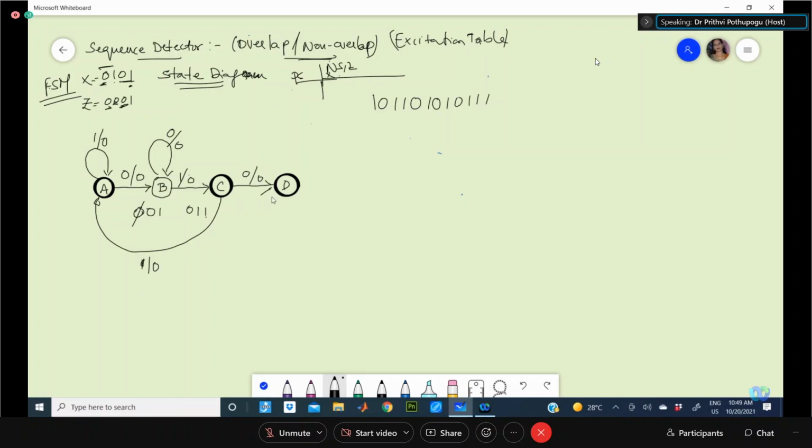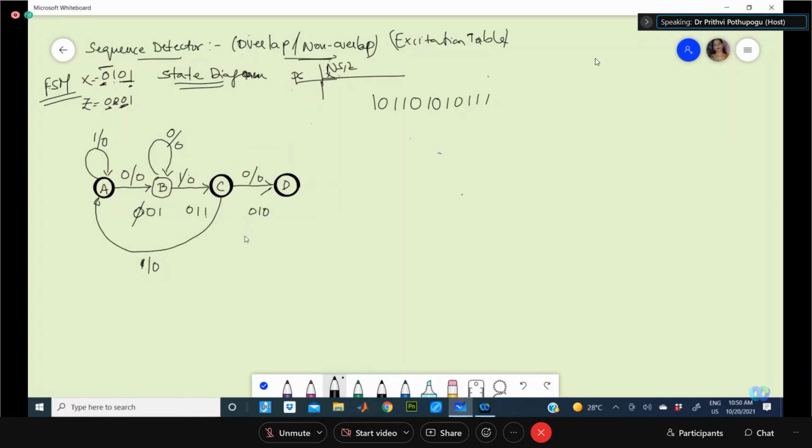Now here comes your last bit, wherein if it is overlapping or non-overlapping, the path will be different. Until this point, both the overlapping and non-overlapping state diagrams will be the same. Okay, the last bit. Here if you reach the state D, you are identifying 0, 1, 0.